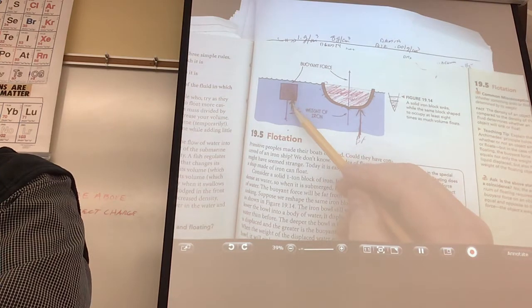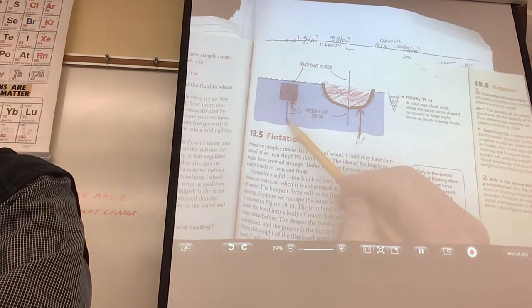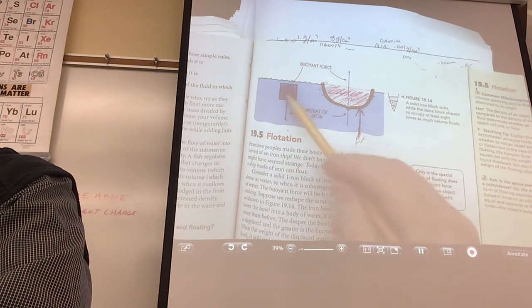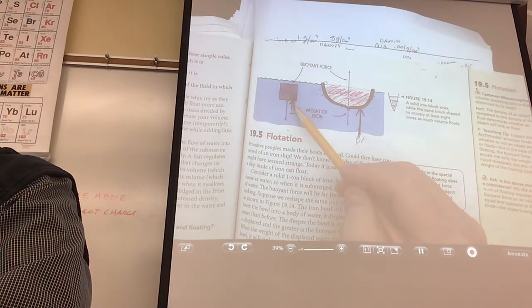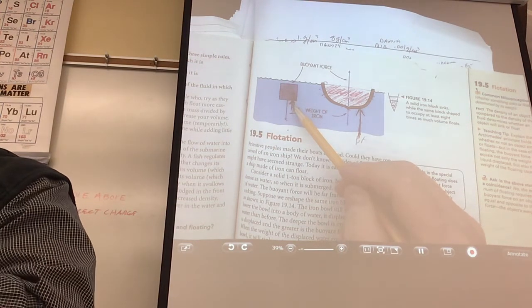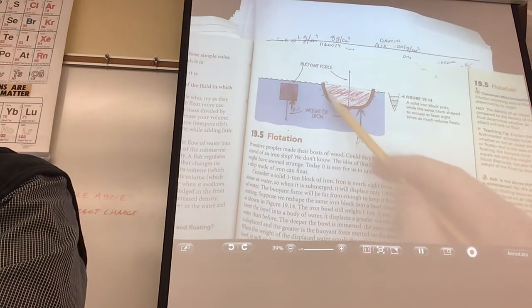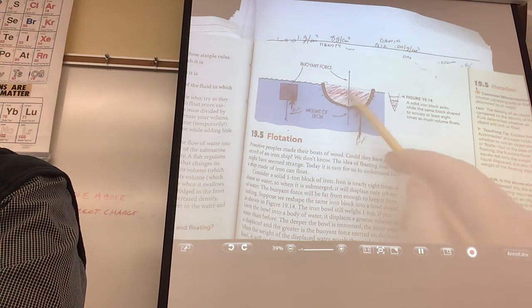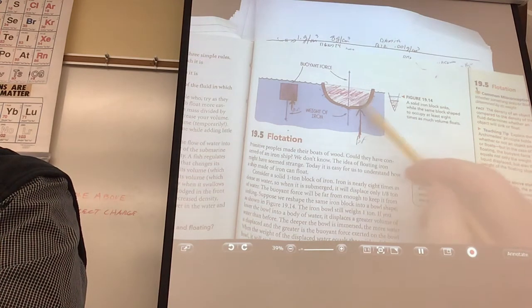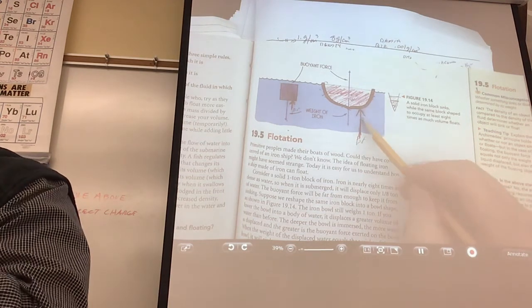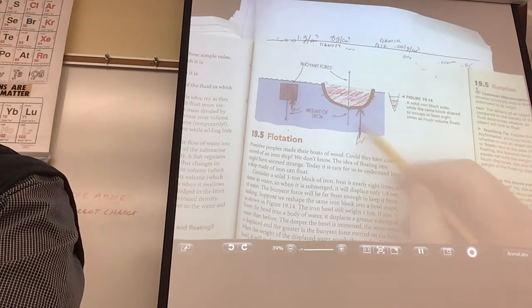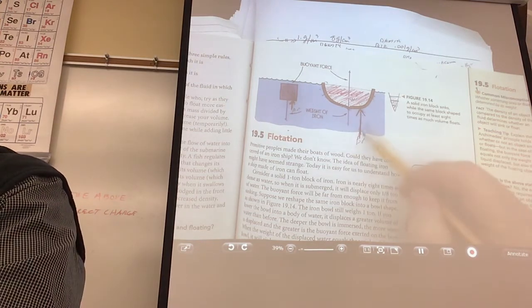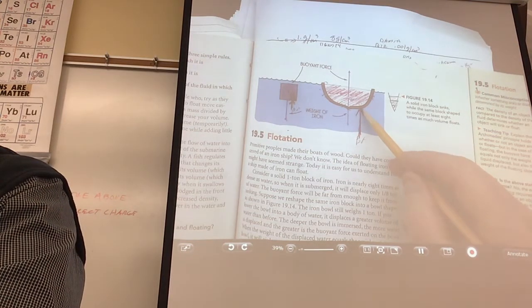Because it weighs this much, but it's only displacing this much water. So you only get this much buoyant force. That makes a bad boat. If I shape it like this, the volume of water displaced is huge, and that gives me a huge buoyant force. And I weigh this much, and the buoyant force is the same.